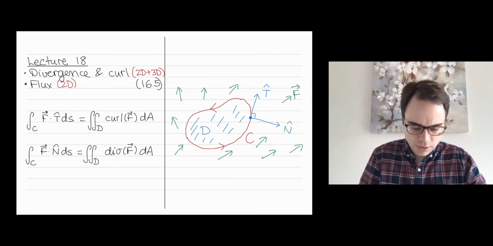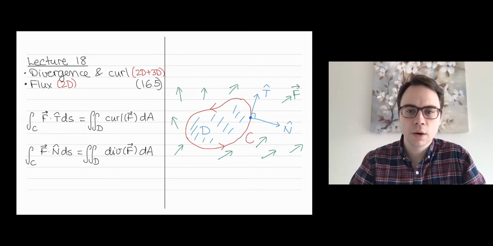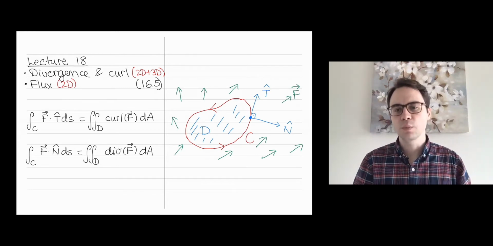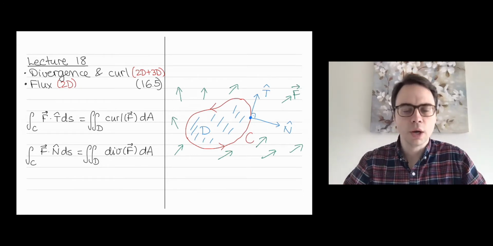All these things appear in Green's theorem, so I pre-prepared and wrote down Green's theorem on the slide, so we can revisit all these definitions from last time before I give you more new material.